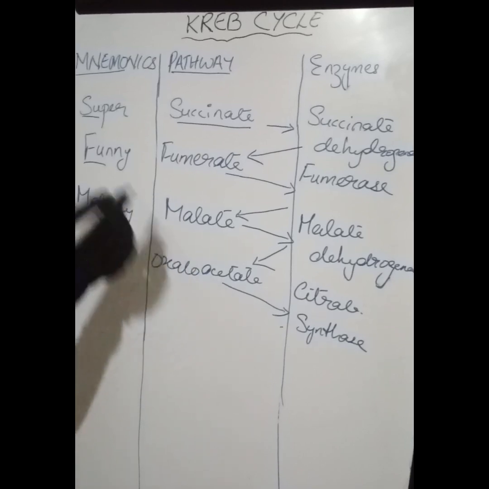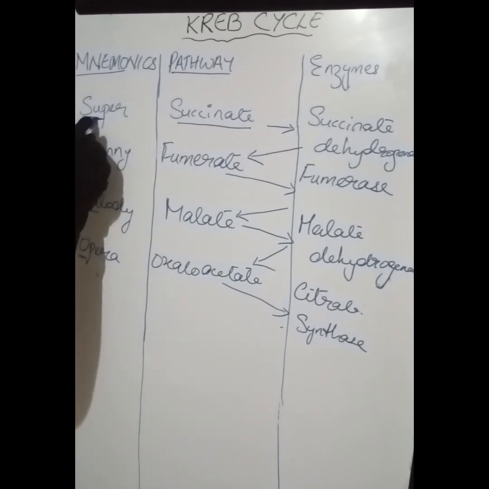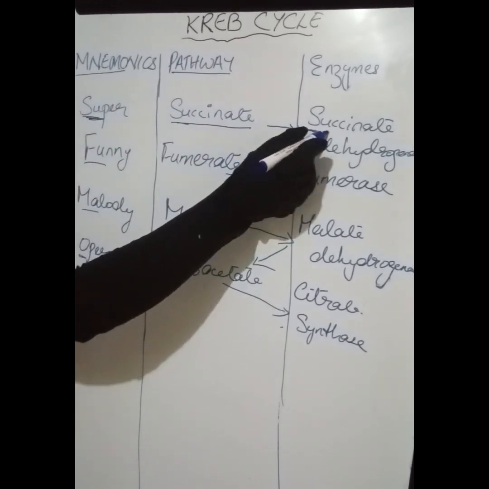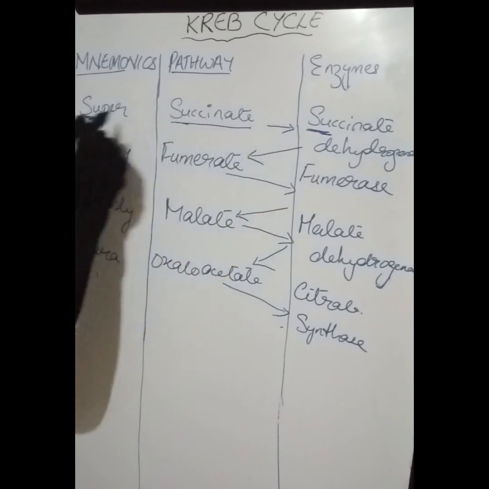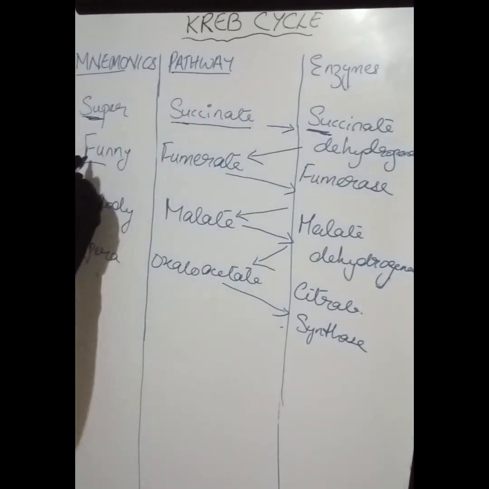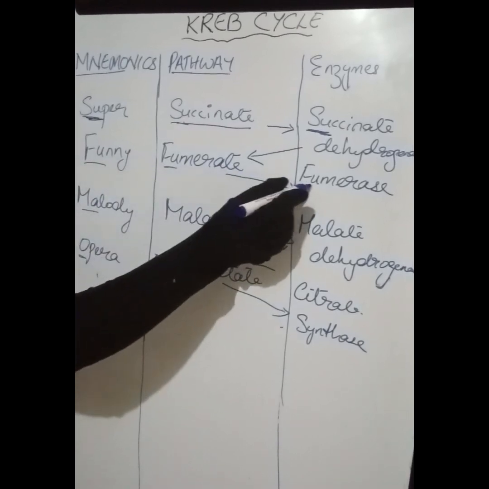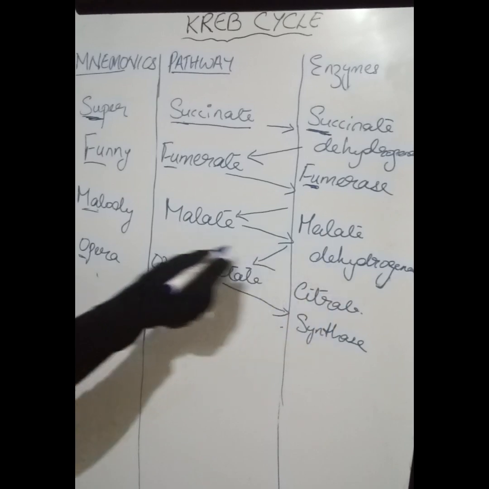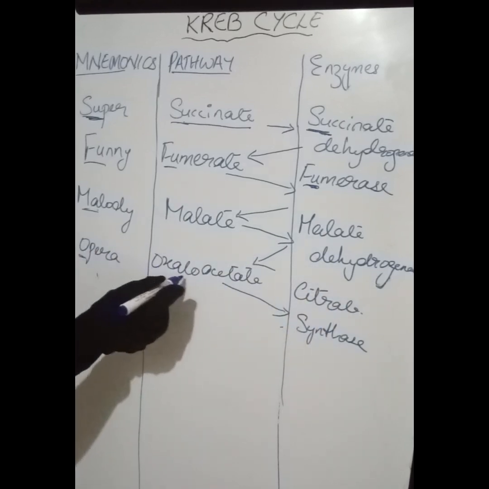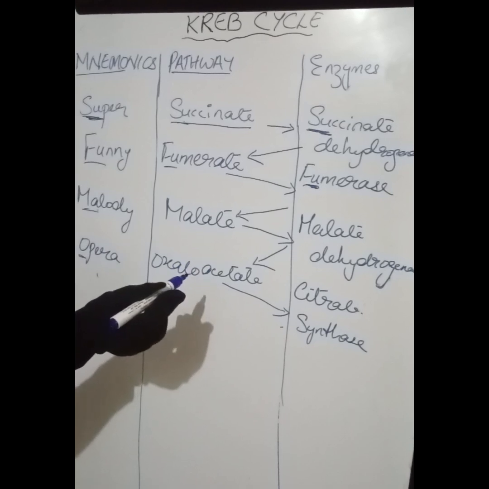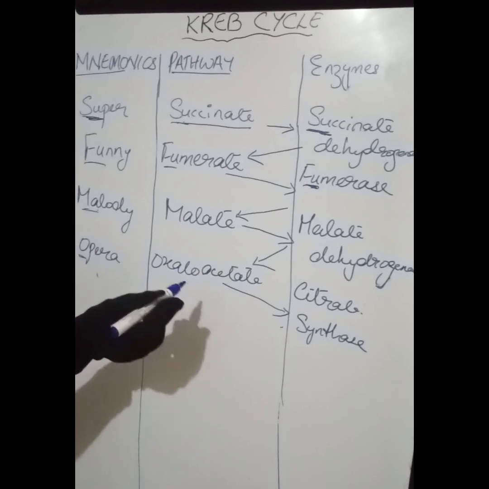This particular mnemonic not only helps you crack the pathway, but also helps you remember the corresponding enzyme. SU is for succinate, succinate dehydrogenase. FU is for fumarate, fumarase. MA is for malate, malate dehydrogenase. O is for oxaloacetate.